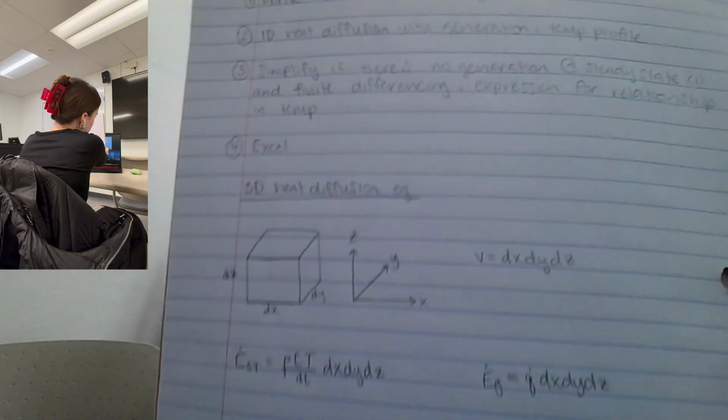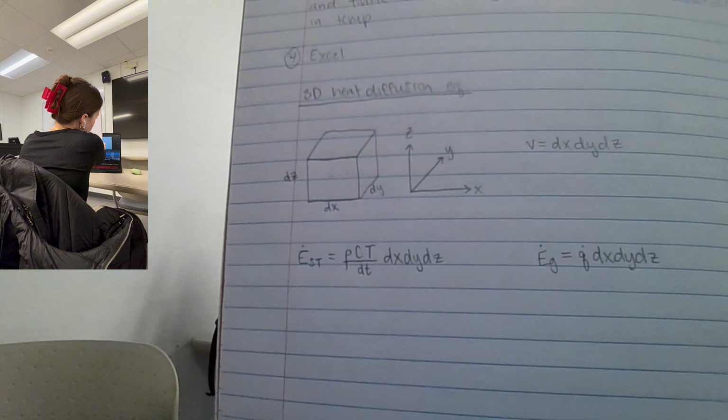So depending on how much moves through, that will change how much generation we have within the system. And that's going to be multiplied by our volume as well, because we are looking at how this happens through our system, which is a cube that has the volume of dx, dy, dz. So there's our energy generation term.